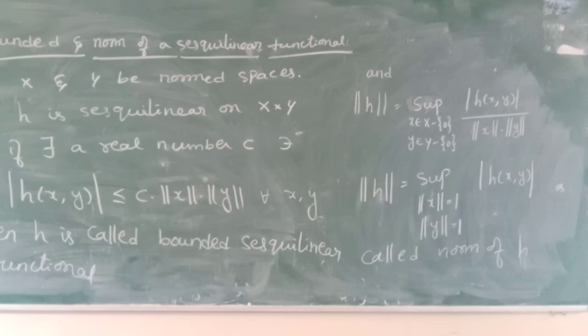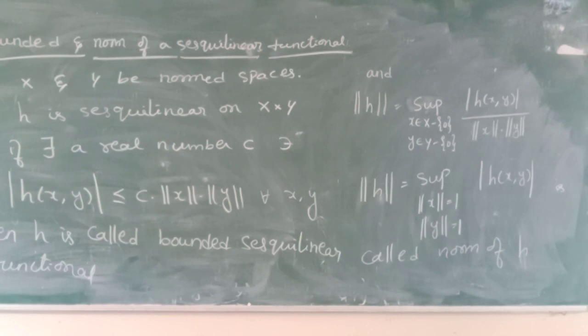Then h has a representation h of x comma y is equal to the inner product of Sx comma y, where S from H1 to H2 is a bounded linear operator. S is uniquely determined by h and has the norm of S equal to the norm of h.